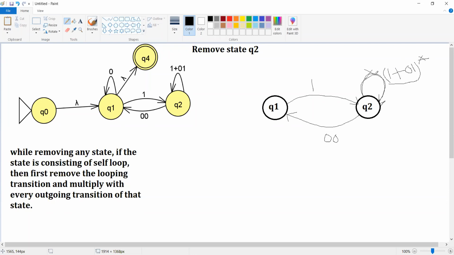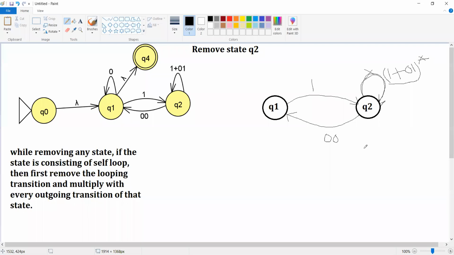And this 1 plus 01 whole star has to be multiplied with every outgoing transition of that node. How many outgoing transitions are there? From Q2 to Q1, there is only one outgoing transition.